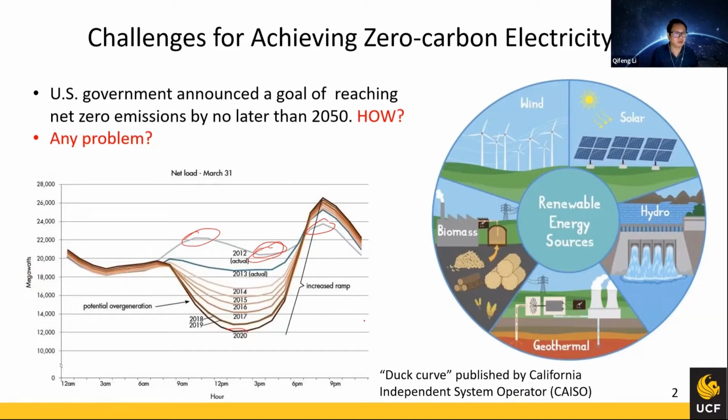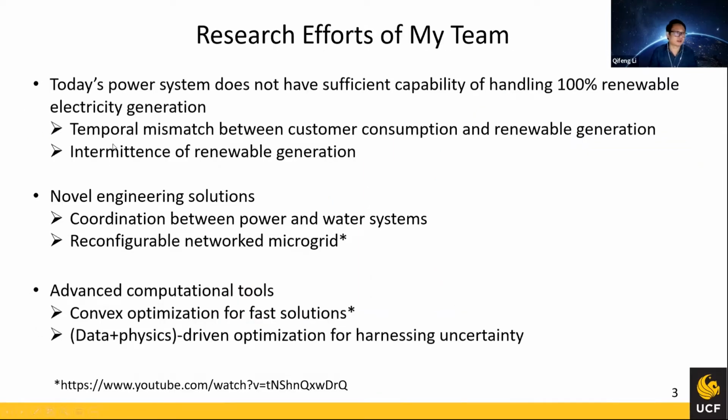So if we want to use battery energy storage to deal with such a huge amount of electricity, the investment is still not acceptable. So this is what is reflected by the duck curve: the temporal mismatch of customer consumption and renewable energy is a big barrier to the utilization of renewables.